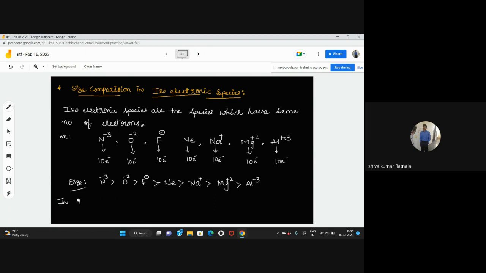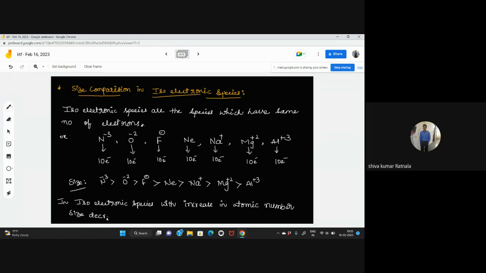In isoelectronic species, can I write like this: with increase in atomic number, size decreases.